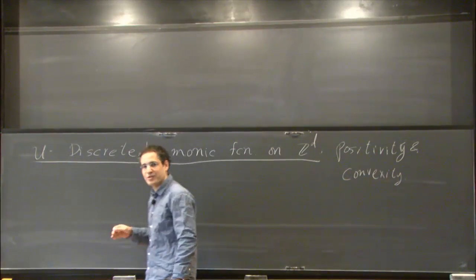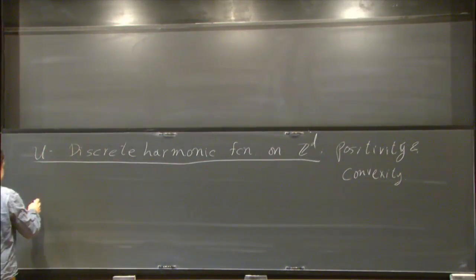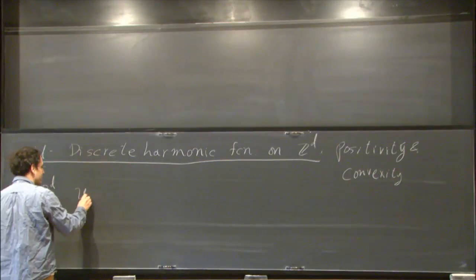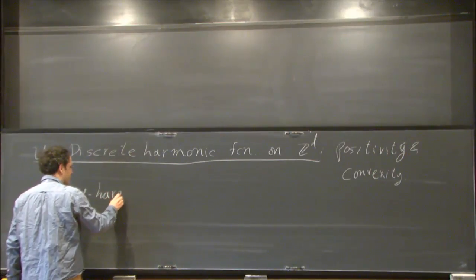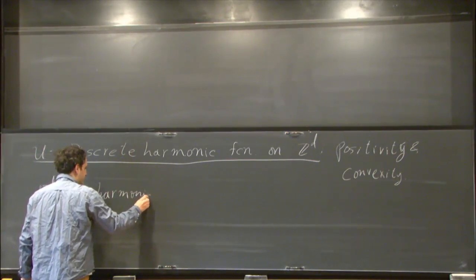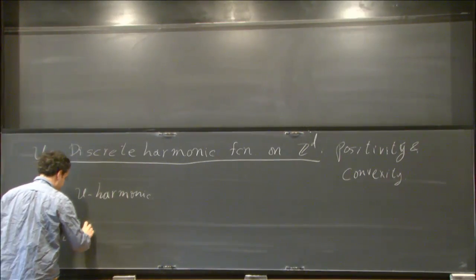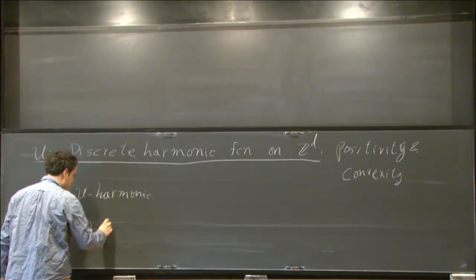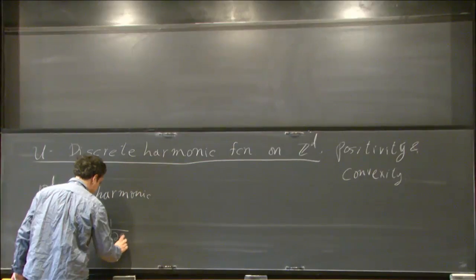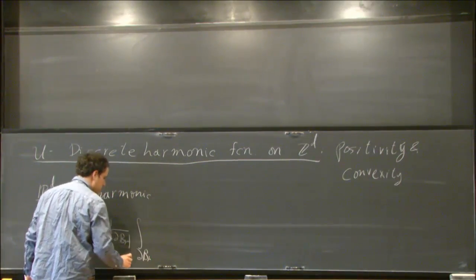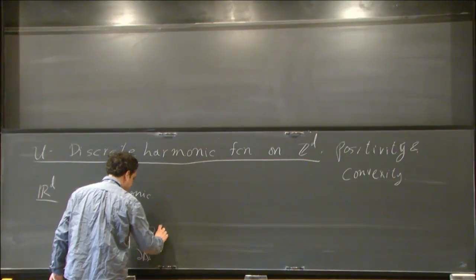So let me recall first a theorem in R^d. If u is harmonic, then one can consider the L2 growth function. Q of R is defined by the average over the sphere of radius R of u squared.